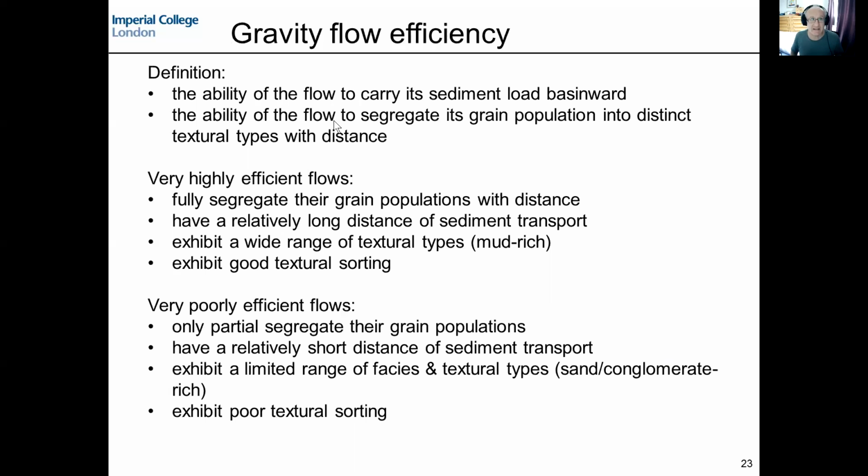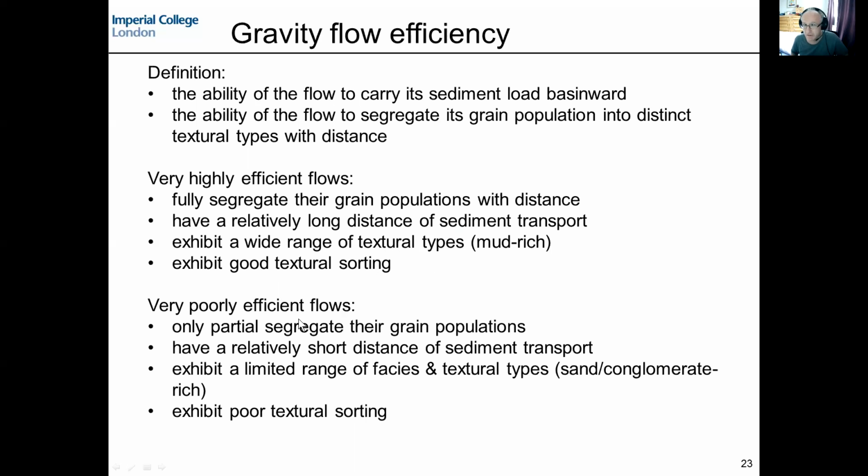So why is grain size important? Because it controls the efficiency of the flow, how far the flow can transport that sediment. Highly efficient flows tend to be mud-rich. There is sorting of the grains as the flow moves downstream. We can transport sediment long distances, and we tend to get good sorting of sediment in different parts of the fan system.